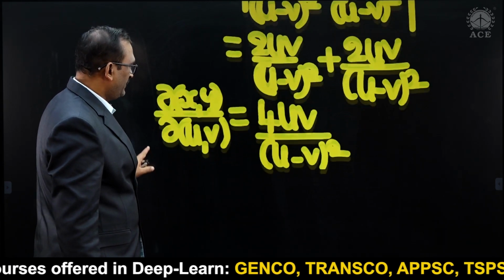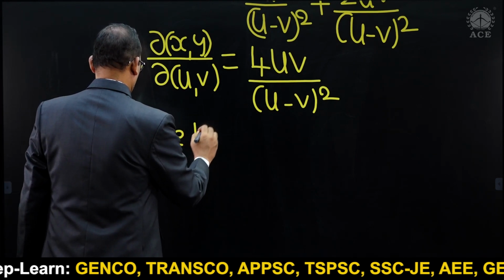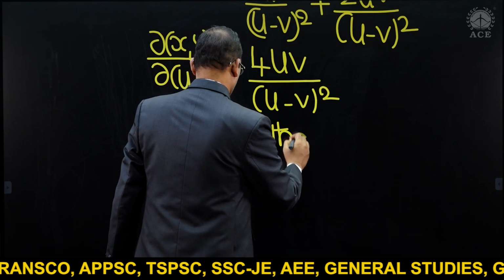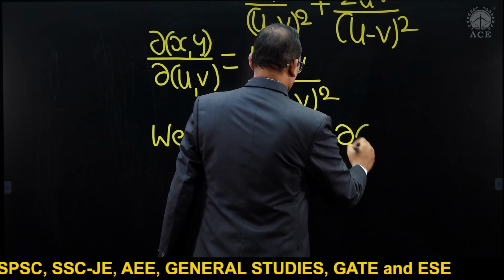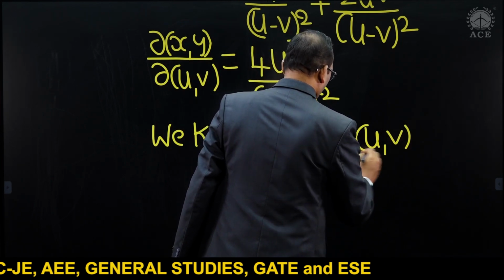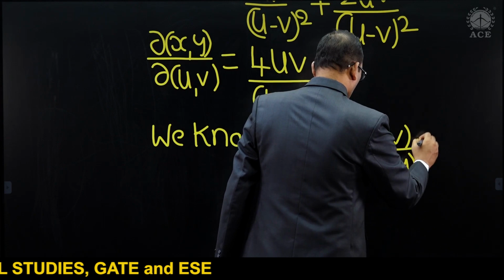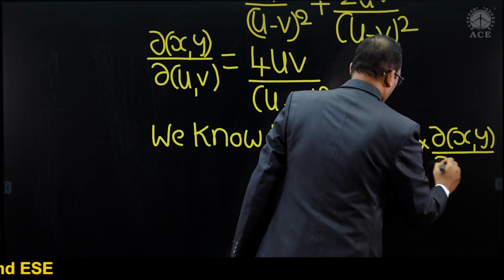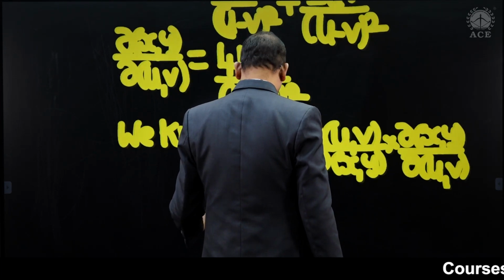Now we know that ∂(u,v) by ∂(x,y) into ∂(x,y) by ∂(u,v) is equal to 1.